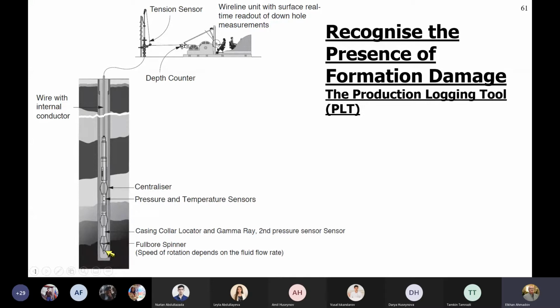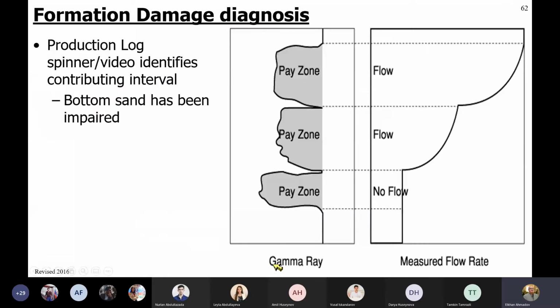Okay, so this is how it shows the flow effect. As we go through the reservoir with this tool, this spinner will rotate.